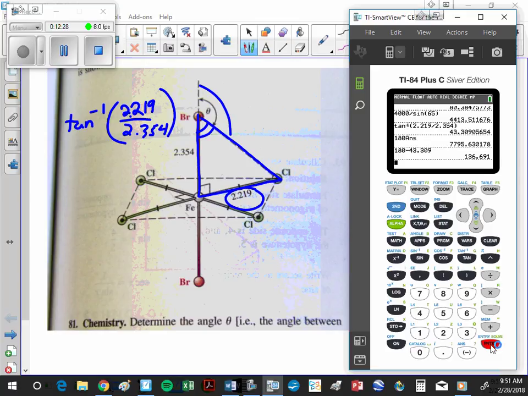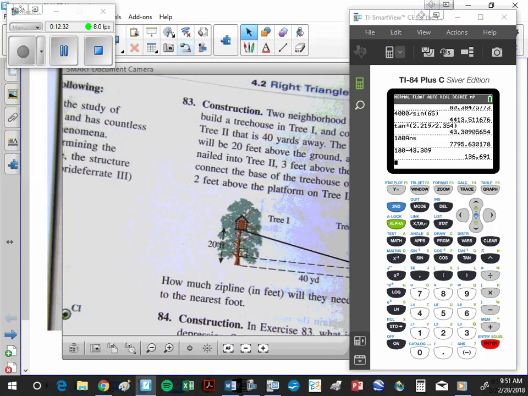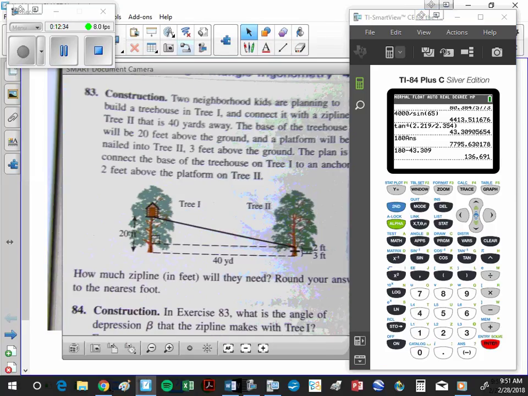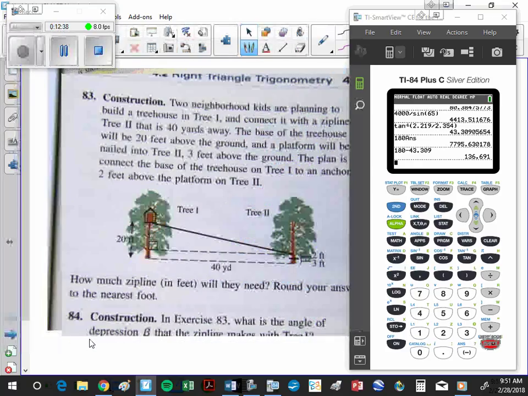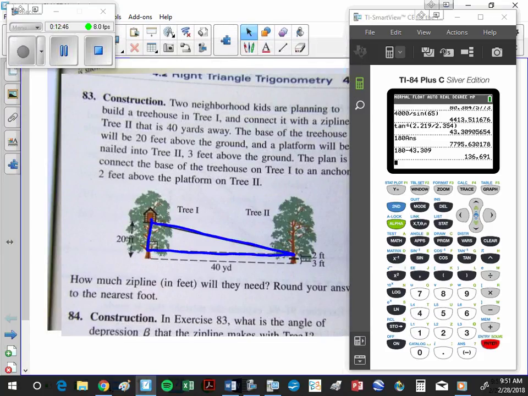How much zip line will they need? Here's the picture. So we basically have this right triangle here, and we just need to find the dimensions of that.